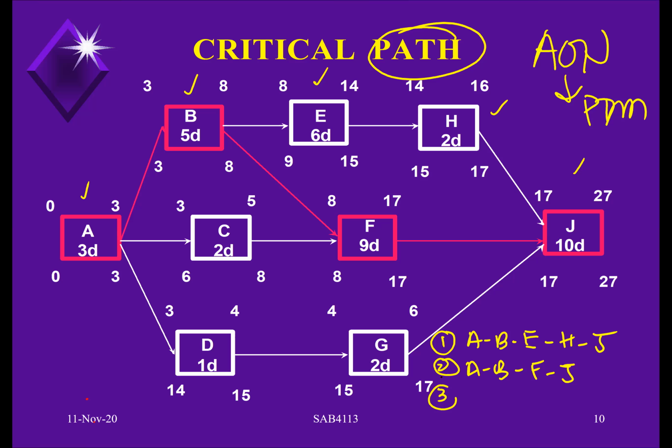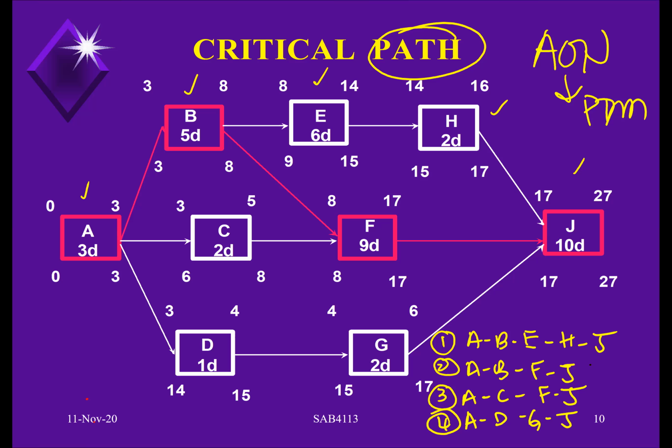Number three, the straight line A, C, F, J. And the last one is A, D, G, J. So in this network diagram, there are 4 paths from the beginning until the end.